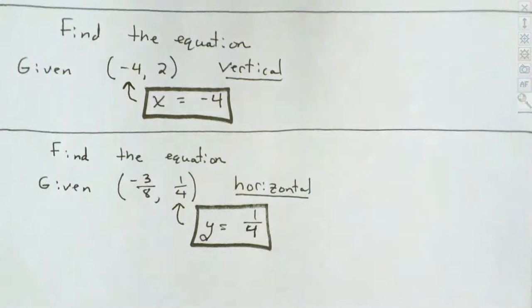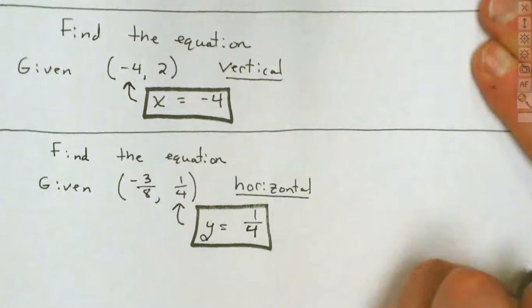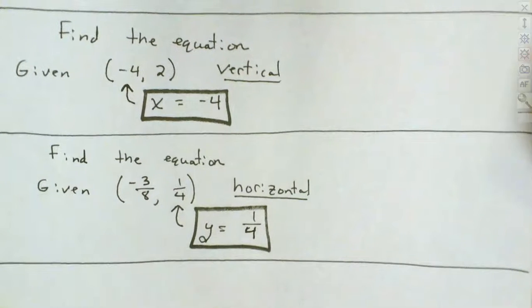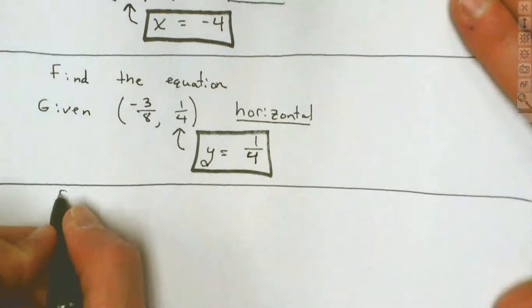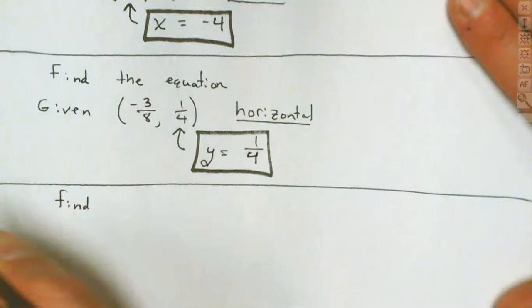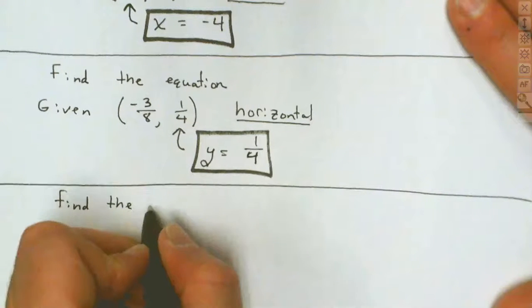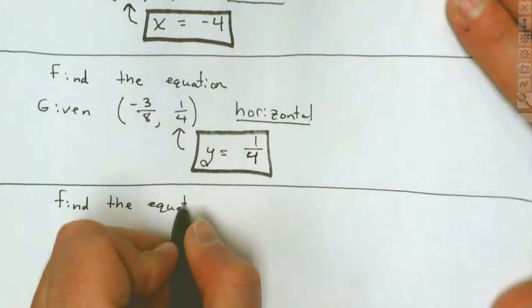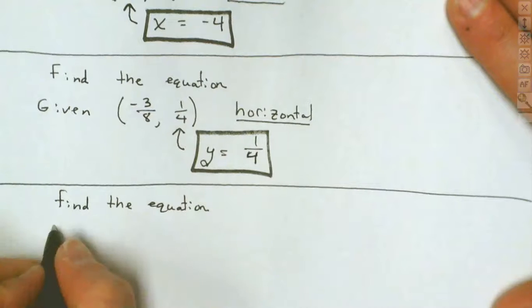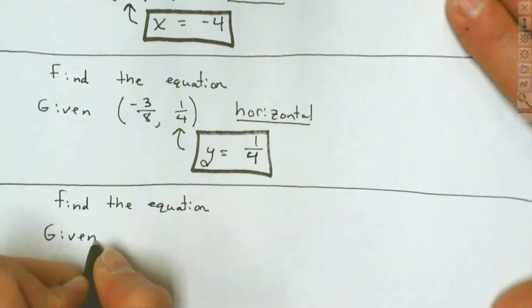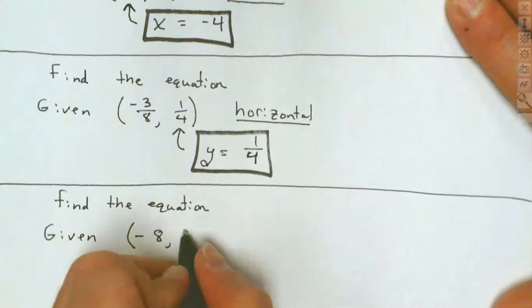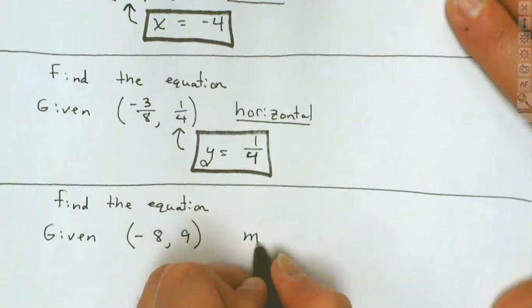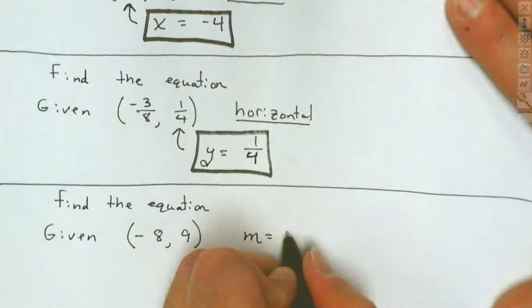We want to do 2 more of these, and then we'll take a short break. We'll do one where it's 0 slope, and one where it's an undefined slope, just so we make sure we understand these. And again, we want to find the equation. And you're given a point, -8, 9, and my slope is 0.